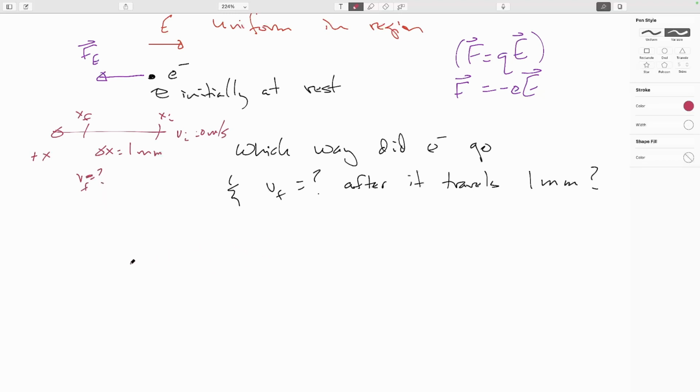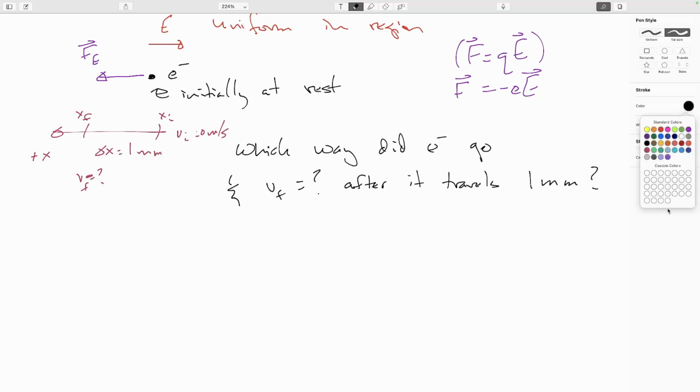If we think right off about what we know and what we don't know, we know the change in position. We are being asked for the final velocity. We currently do not have either the time of flight or the acceleration. So in order to solve the kinematics problem, we need to find one of those.